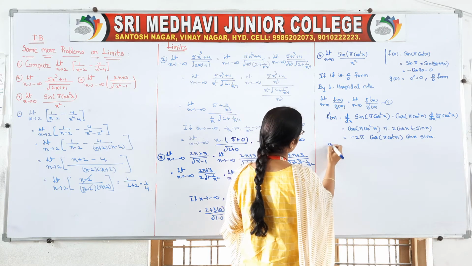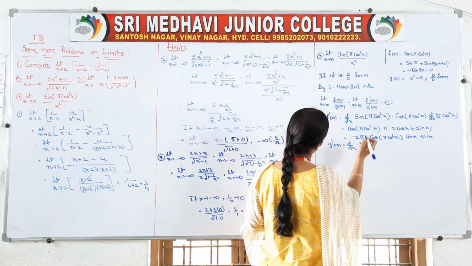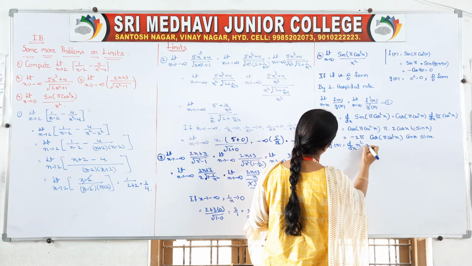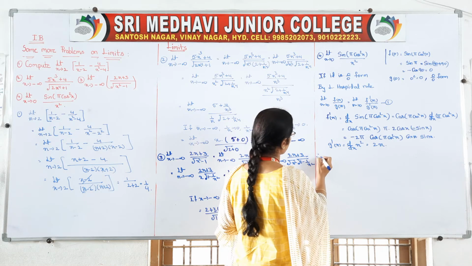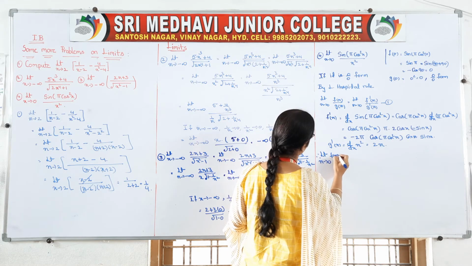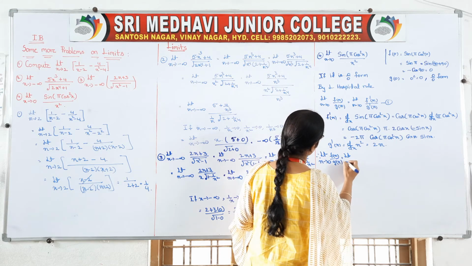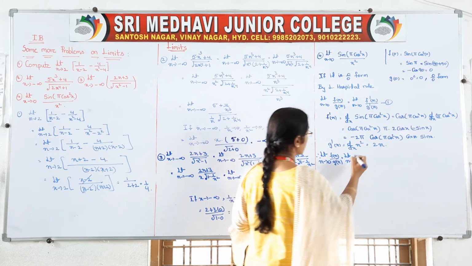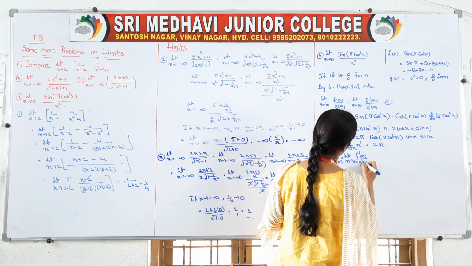Similarly, find out your g dash x. d by dx of g of x, which is x square, that is 2x. So now you take, therefore limit x tends to 0 f of x by g of x is equal to limit x tends to 0 f dash x by g dash x.